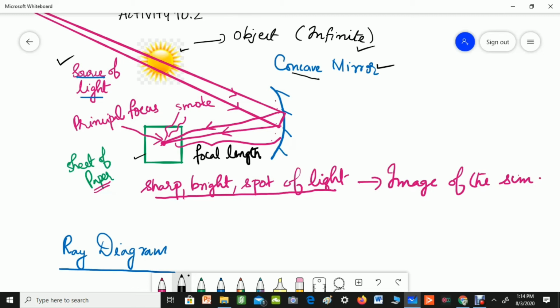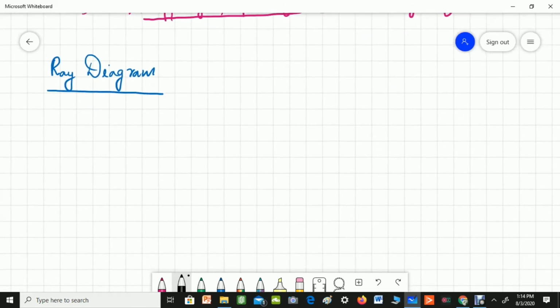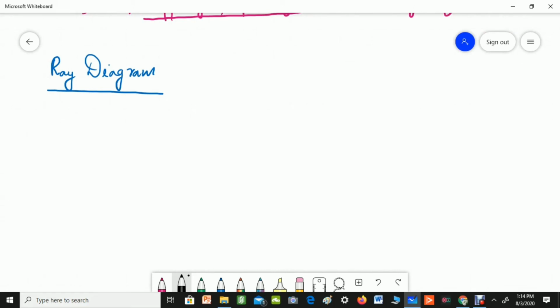Let me try to draw a ray diagram for this activity. As I told before, we need a concave mirror, and I am putting some dots over here, and this is the reflecting side, and the back side of this mirror is the non-reflecting part. This is a concave mirror because it is curved inward.